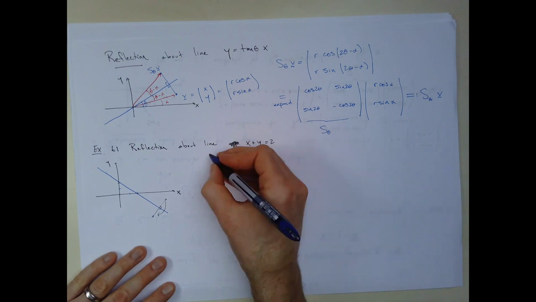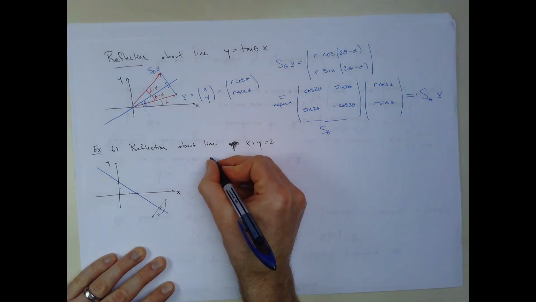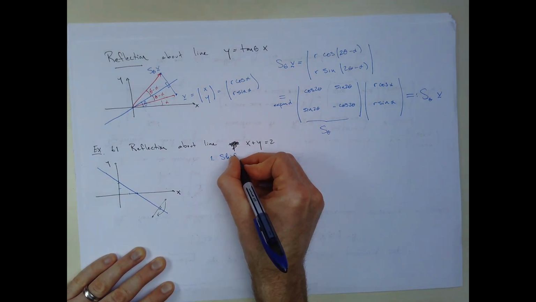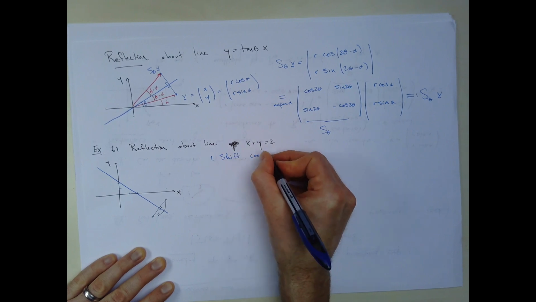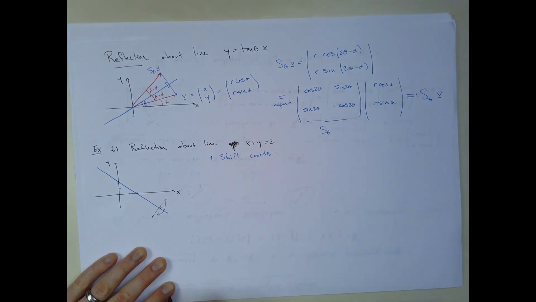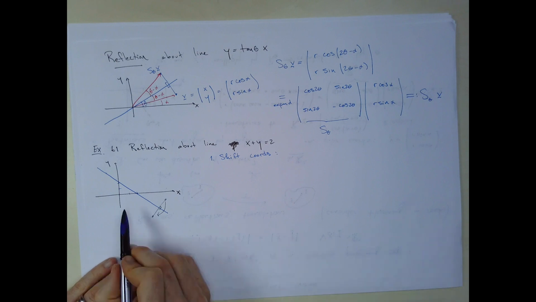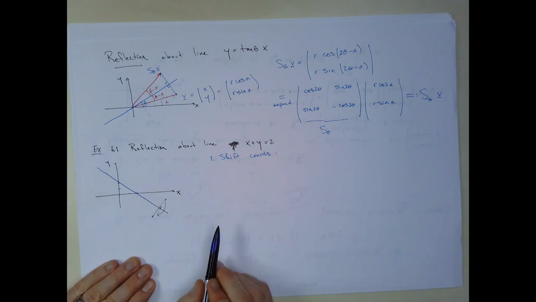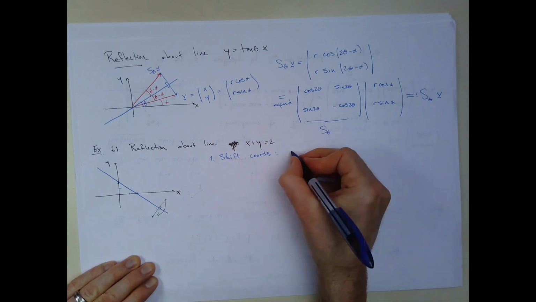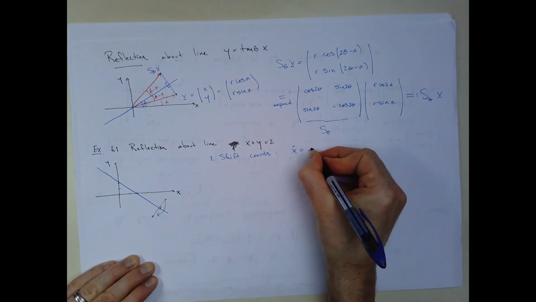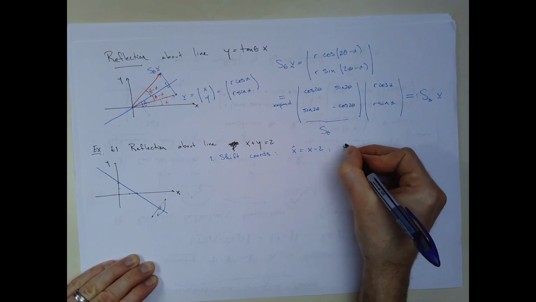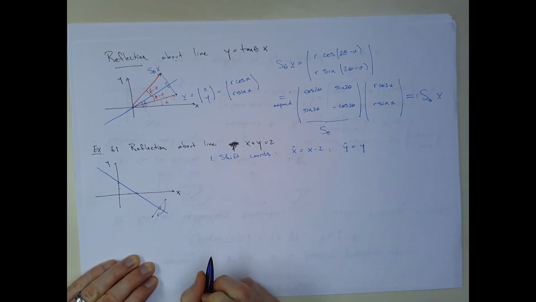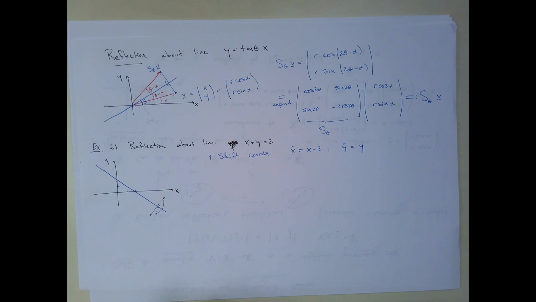And so to do that, step one is shift our coordinates. All I need to do is move my origin 2 to the right, or I could move 2 up if I wanted. Let's move 2 to the right. So I'm going to define x hat as x minus 2, and y hat equals y.